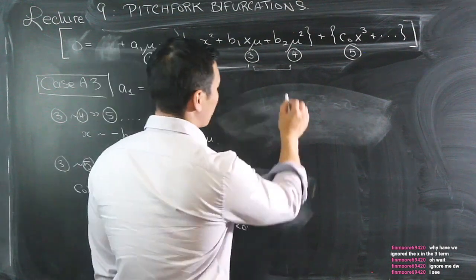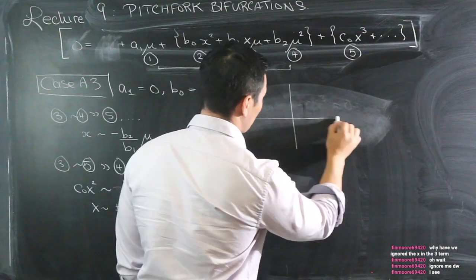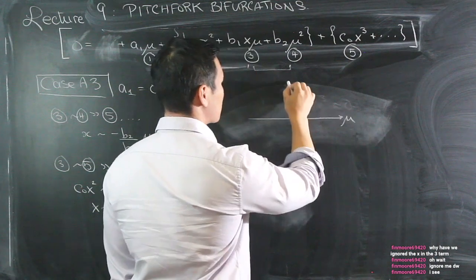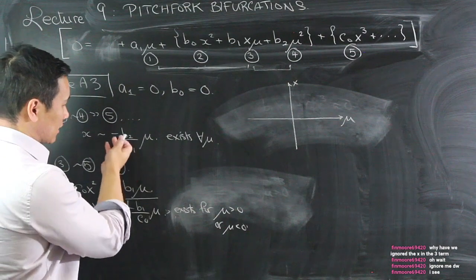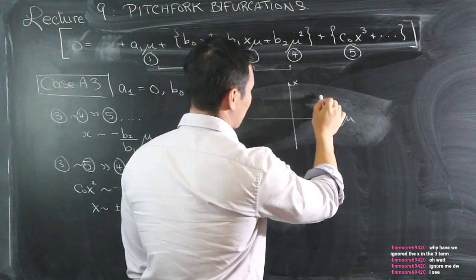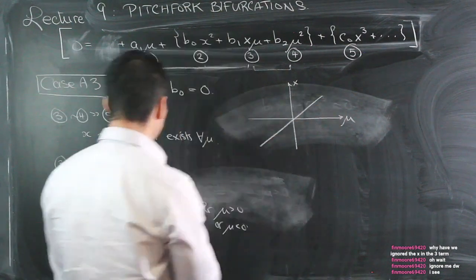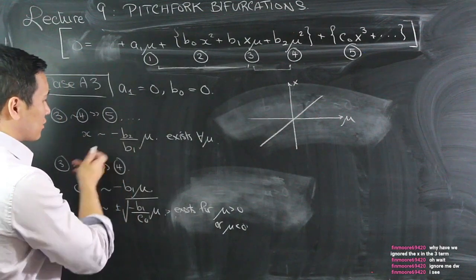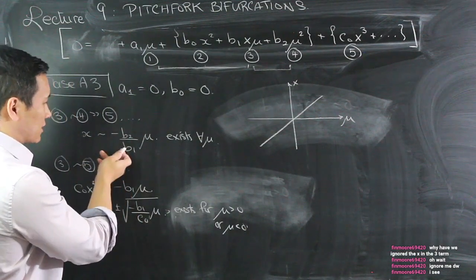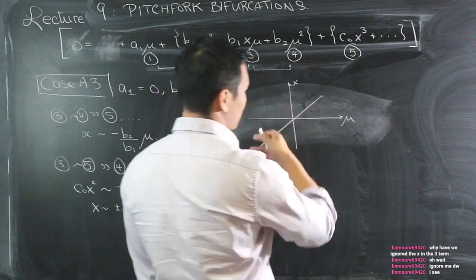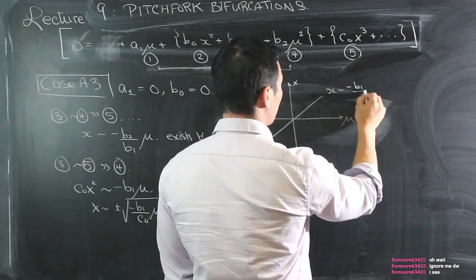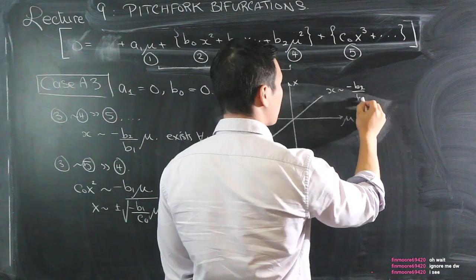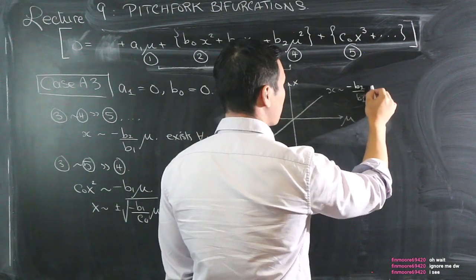So the local bifurcation picture that you would get, this is mu here, this is x here. Here this looks like a line, and it's a line of some gradient depending on what that number is. So it might look like this. If b2 over b1 is negative, then this whole thing is positive, and this looks like minus b1 over b2, b2 over b1 times mu.